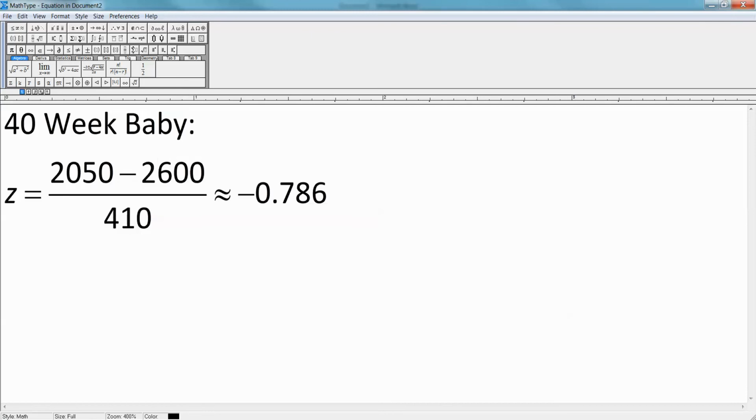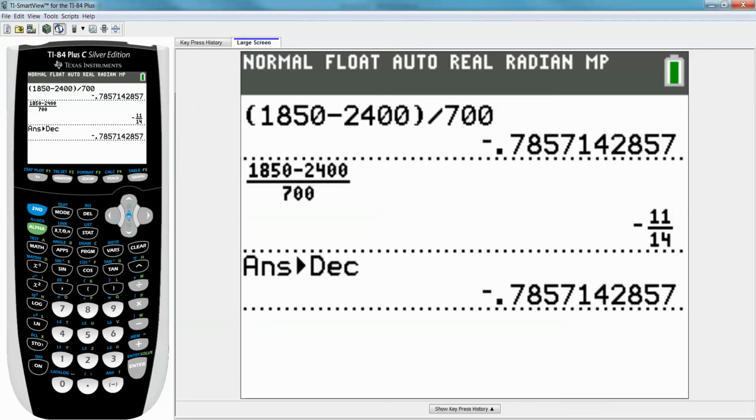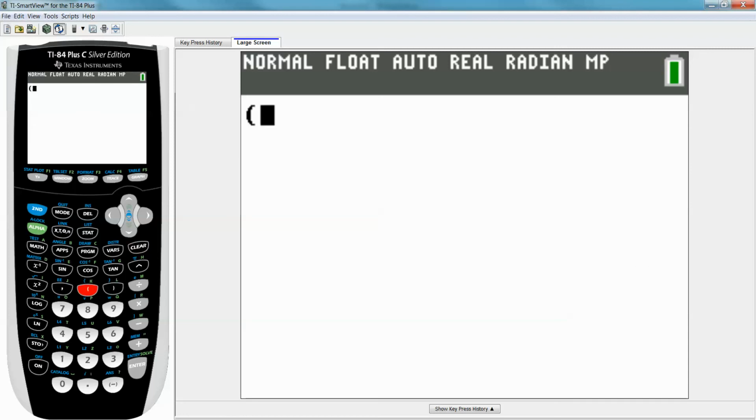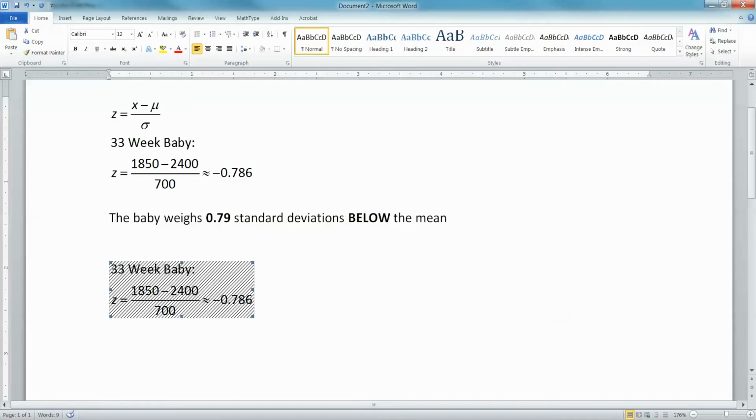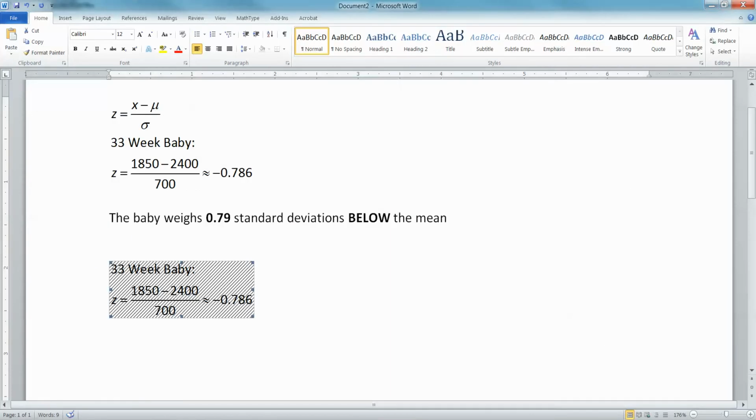2,600. All right, so now what is that? It's probably easier to do parentheses, 2050 minus 2,400. Oh, was it 2,400? 2,600. I thought I'd messed that up.